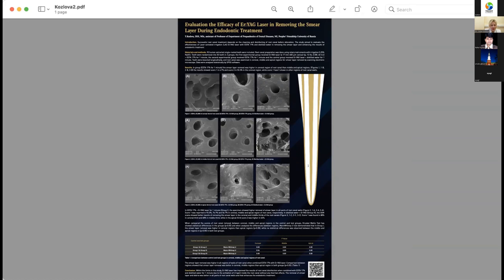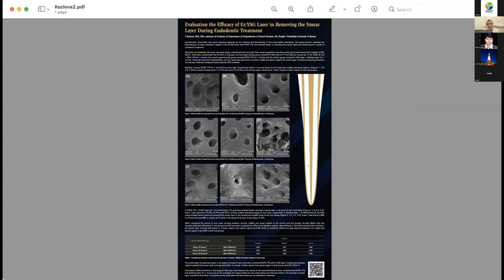So in the first test group, group number 1, 30 teeth received 10 milliliters of EDTA solution using a syringe with 27 gauge, and Erbium laser was applied for 60 seconds through the root canal at the wavelength of 2940.